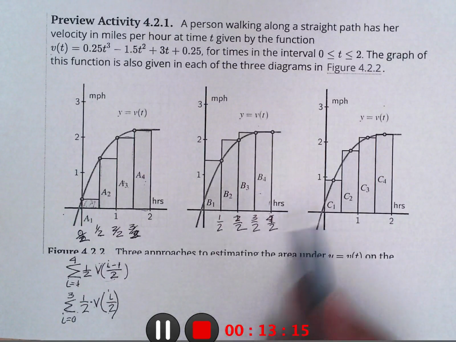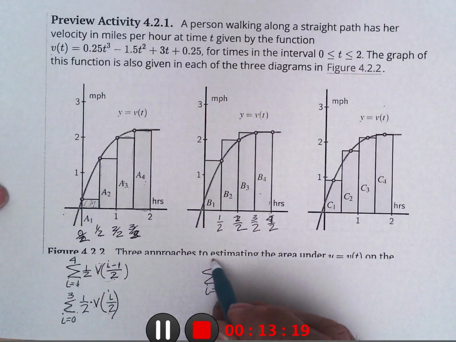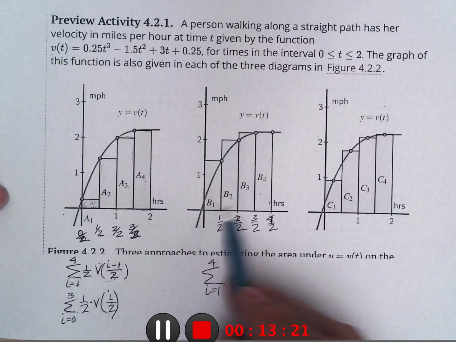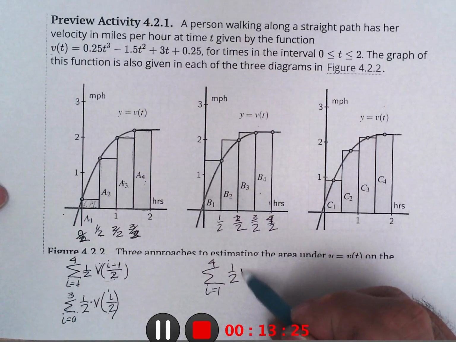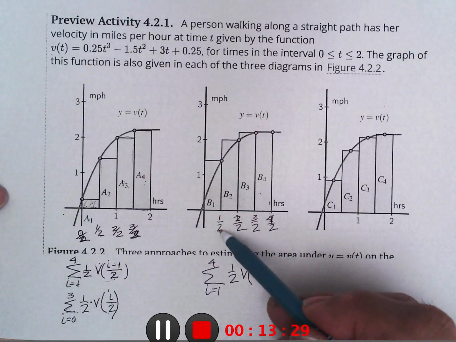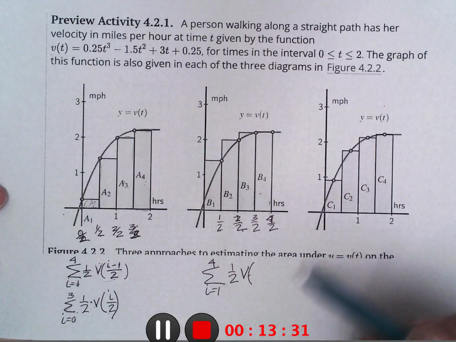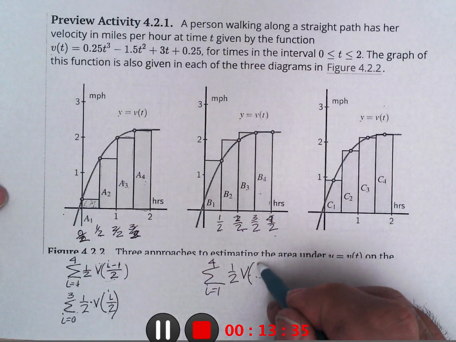So I could start at 1 and end at 4. The width of each one of these is 1/2, and the height is the velocity equation with 1/2 plugged in, and then 2 halves plugged in, and then 3 halves plugged in, and 4 halves, or I over 2.